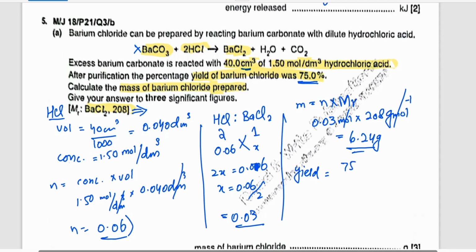So 75 divided by 100, out of 100 it is 75, then what will be 6.24? 4.68 gram. This is the answer.